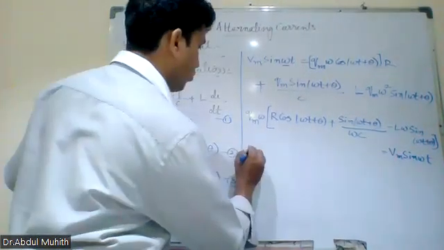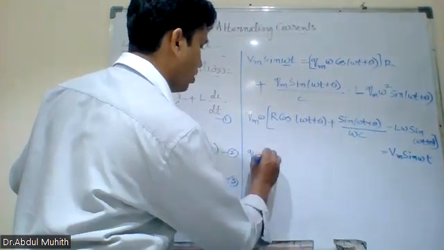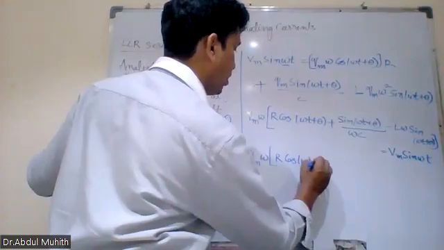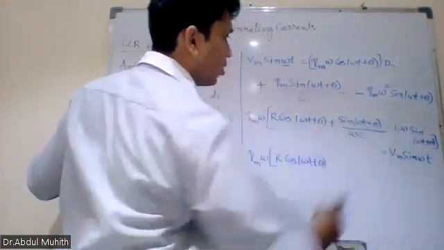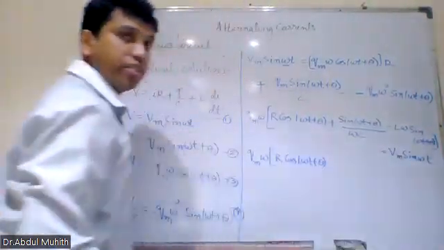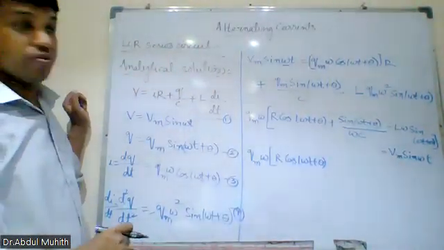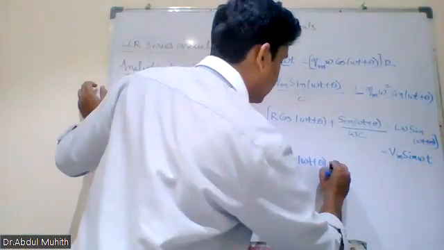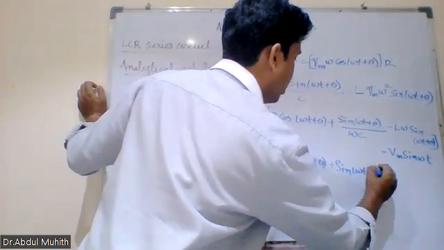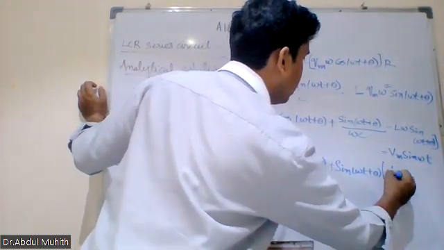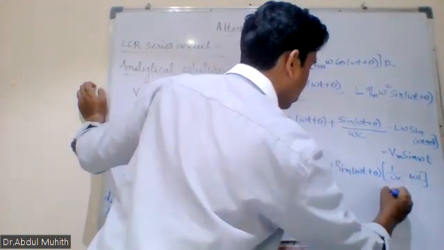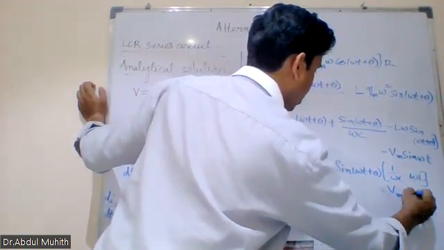So now this is again Qm into omega R into cos omega t plus theta. Now in the second, can I take sine common? See, in this also sin omega t plus theta, in this also sin omega t plus theta is there. So plus sin omega t plus theta into 1 by omega C minus omega L, equal to Vm sin omega t.